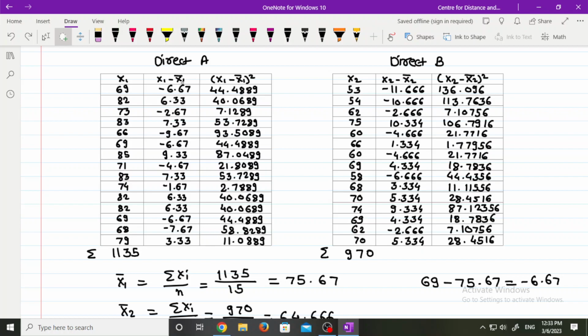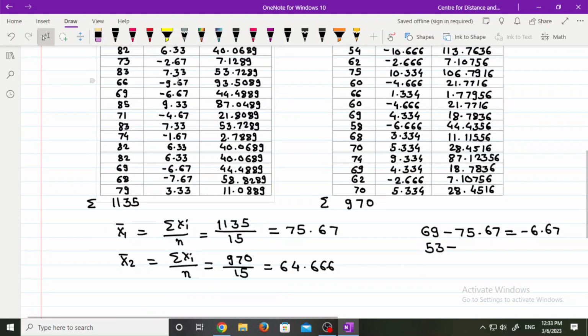Then in the next table, find x2 minus x2 bar. The value of x2 here is 53 and the respective x2 bar is 64.666.